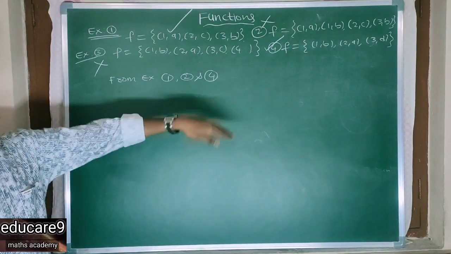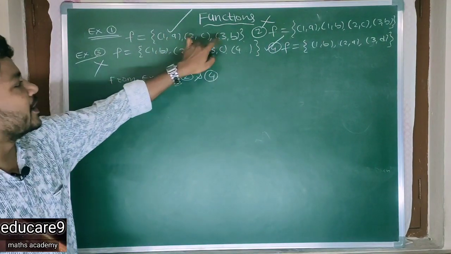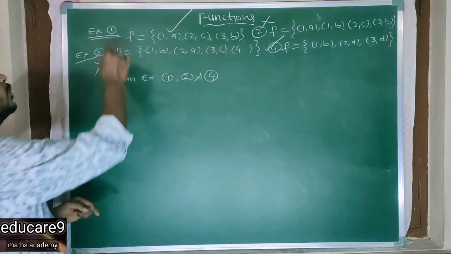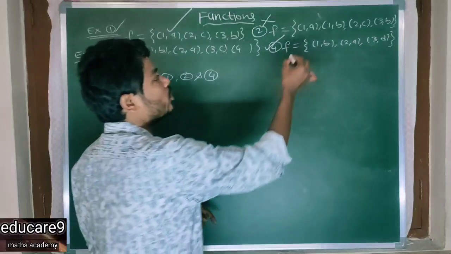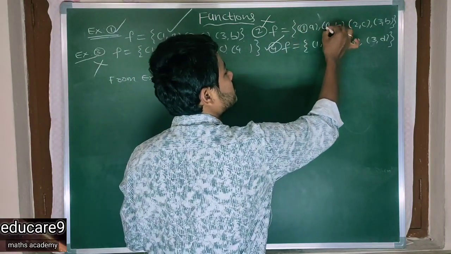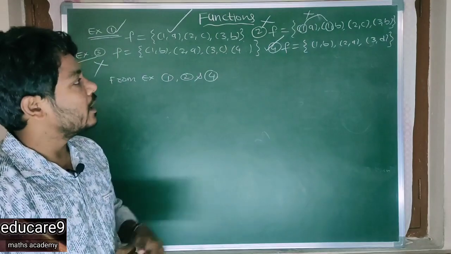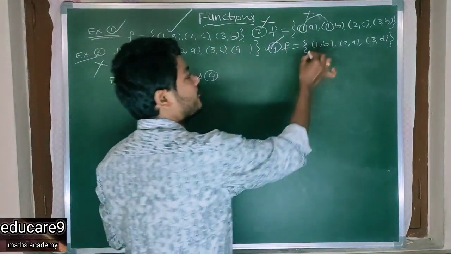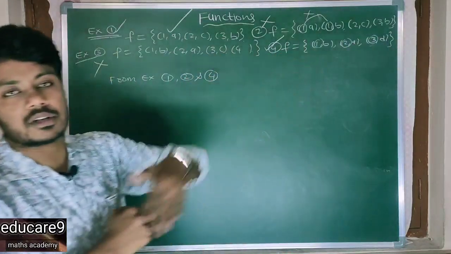In example 1, every x coordinate is different. In example 2, two x coordinates are the same, so not a function. In the fourth one, every x coordinate is different, so it is a function.